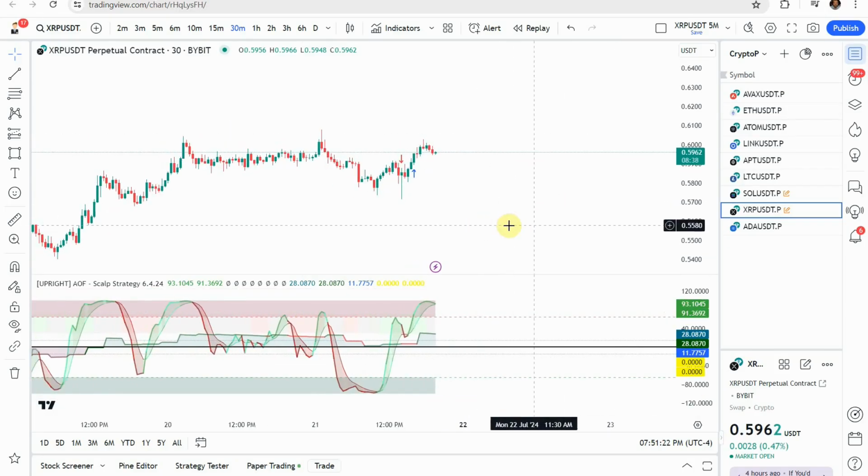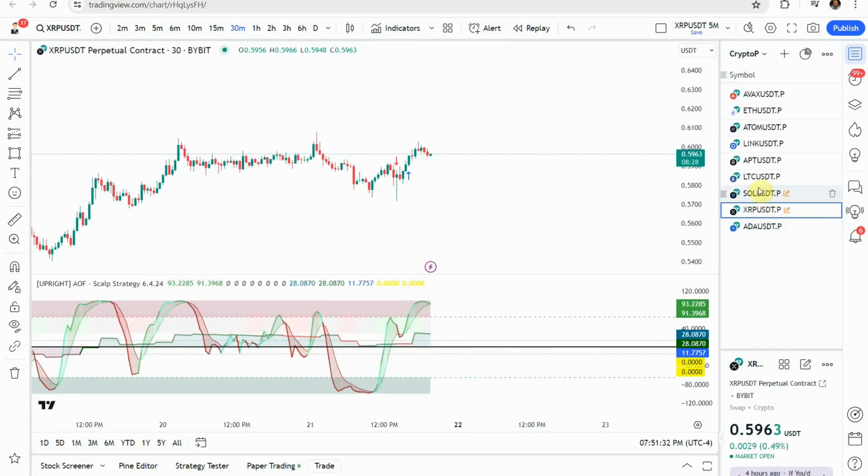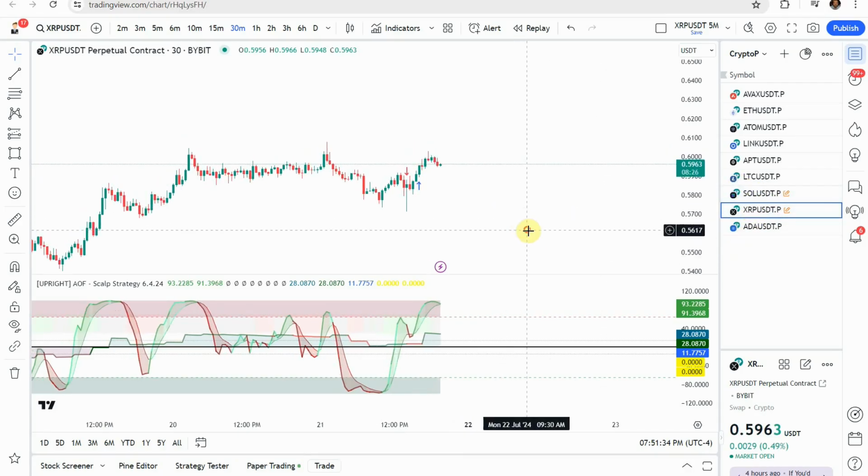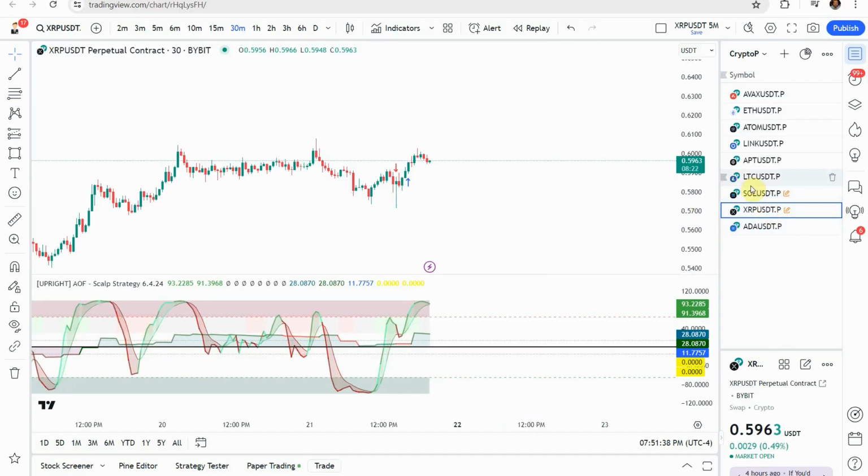So what we're looking at is the perpetual pairs, the perpetual crypto pairs. The reason why we're specifically looking at these is because these ones, through a few different exchanges, offer some of the highest leverage that you can get on the market. Easily you can get 25 times leverage on these pairs.